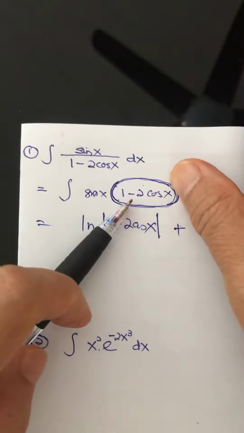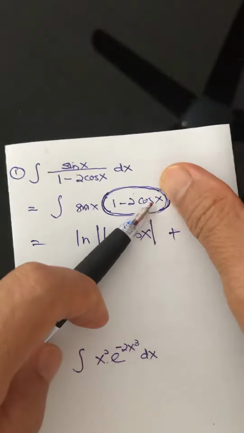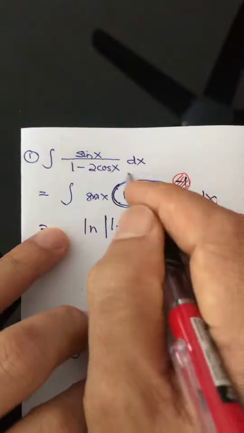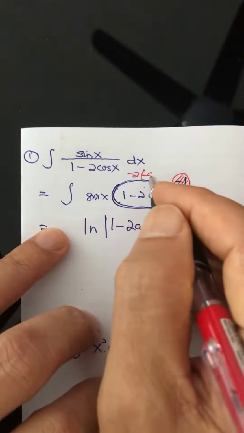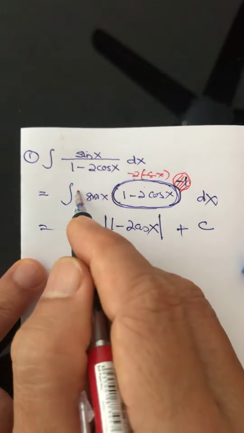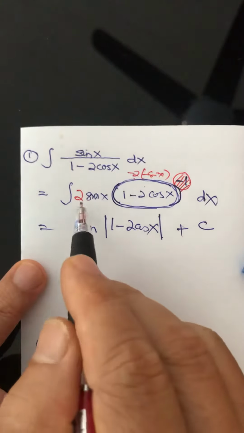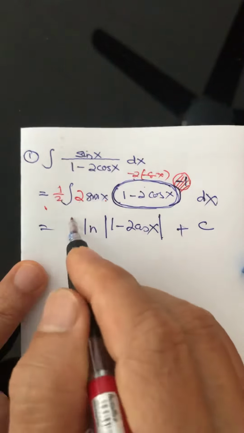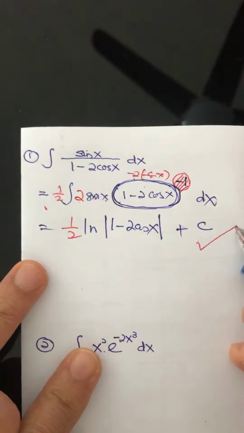Then when you differentiate, this one is cos, it becomes negative sine. So you get negative 2 times negative sine x, so it becomes 2 sine x. That means you just add a 2 here because you need to have 2 sine x. Then you divide by 2. That is the correct answer.